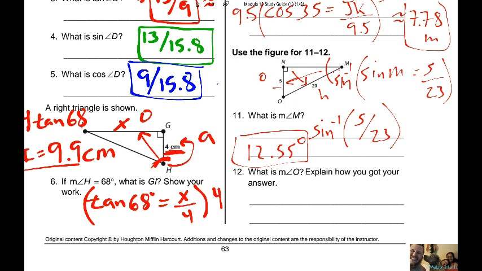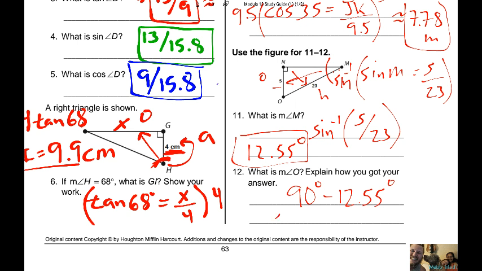Now, what is angle O? Fun fact, you can find this without even using trig. You just know complementary angles. You know that angle O and angle M should add up to 90 degrees. Well, if you already have angle M, just subtract whatever we got from 90. So 90 minus the 12.55, and there you go.